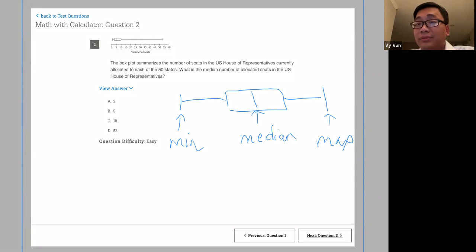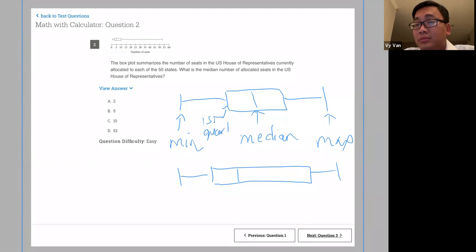Okay. So a box plot can look like this. The median could be here. It doesn't have to be in the middle of the box. And this one right here is the first quartile, and this right here is the third quartile.